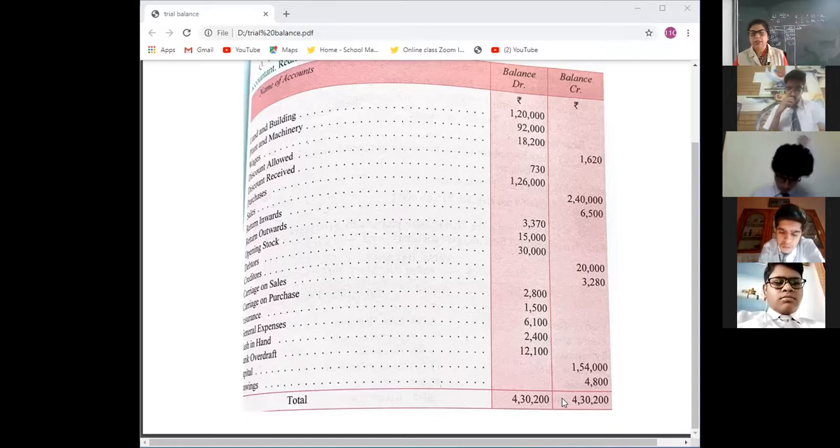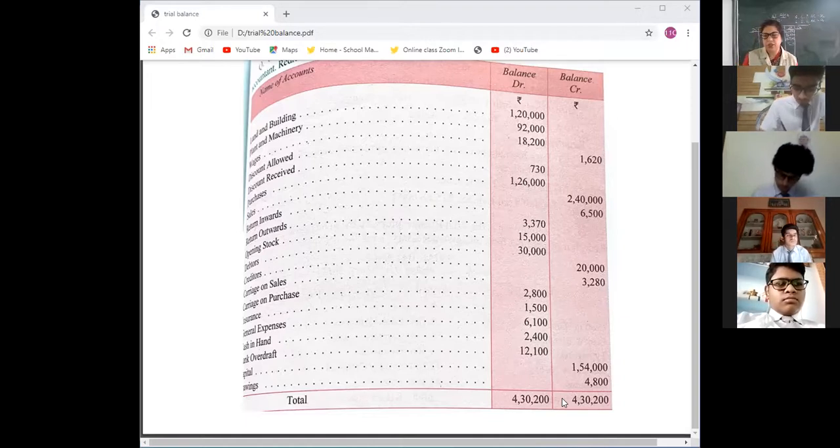Simplest way, asset debit, expenses losses debit, purchase and sales return always debit. Now reverse it. All liabilities in credit, all income and gain in credit, sales and purchase return must be credited.